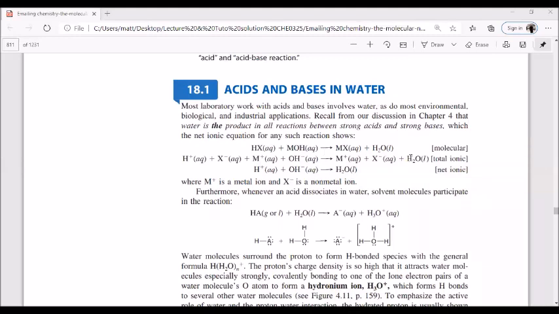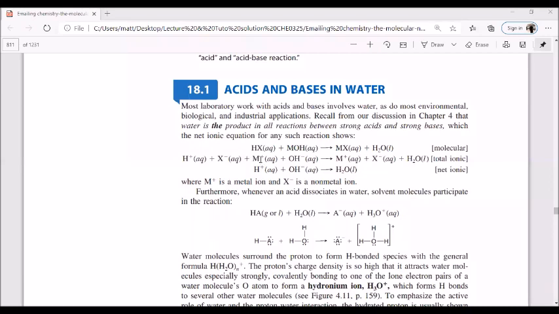Okay, that is the molecular equation. If we break it down to form the total ionic equation, we have this equation. We break down all the aqueous species except the H2O. H2O is not aqueous; H2O is liquid. So to get the net ionic equation, we cancel all the spectator ions here. What are the spectator ions?